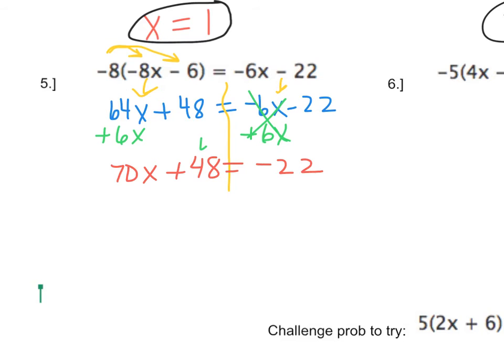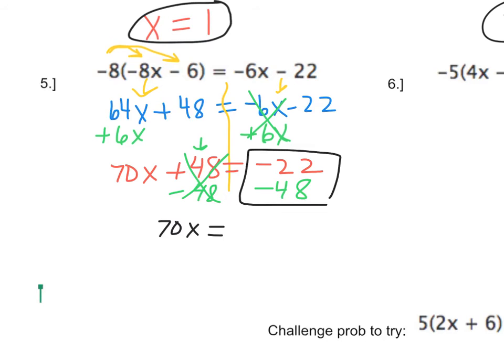So we're going to go right here next. Since it's plus 48, we're going to subtract 48 on both sides. And that cancels out. I'm left with 70x equals, all right, caution right here, negative 22 minus 48. Calculator in hand if you need it. Negative 22 minus 48.